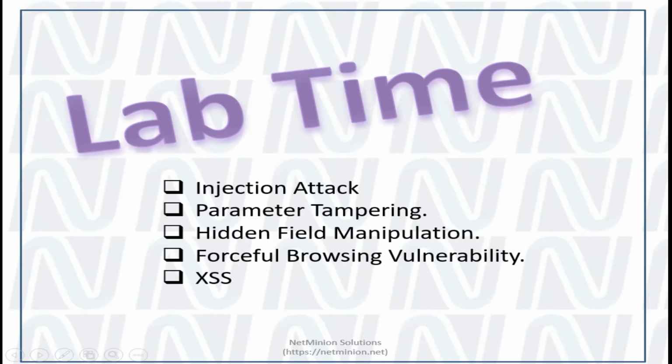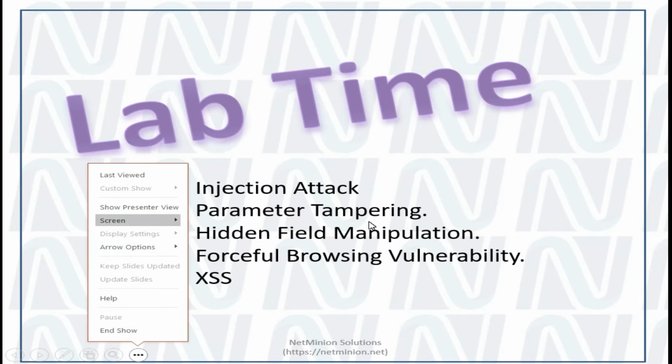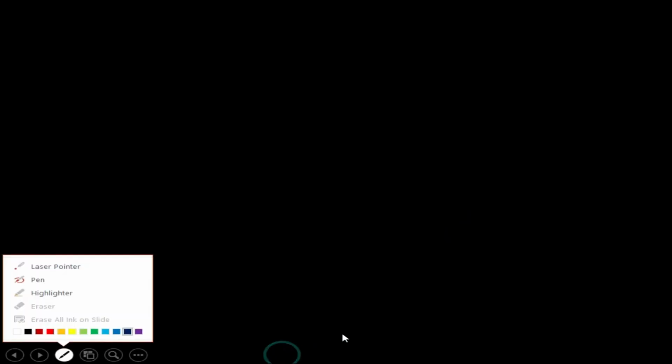Then last is XSS. XSS is your cross-site scripting, where the user is maybe injecting some kind of script. So here we can inject a script. To inject a script, very easy, you need to write script and start with that.